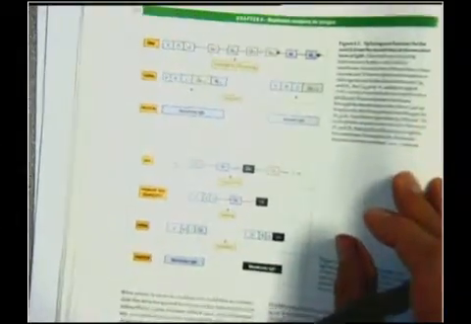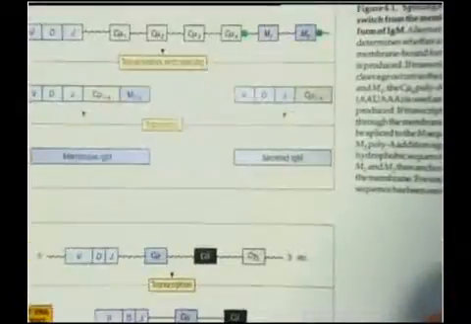In your textbook, you can go to figure 4.1 in the old 10th edition. It is also in the PowerPoint, but I just want to go here.